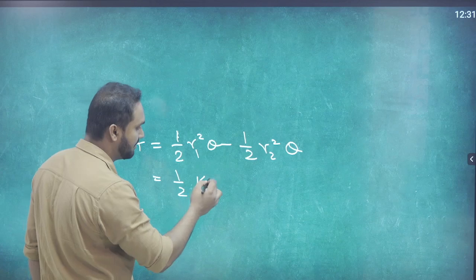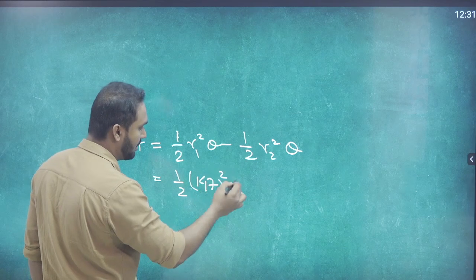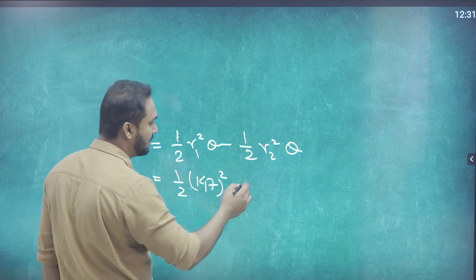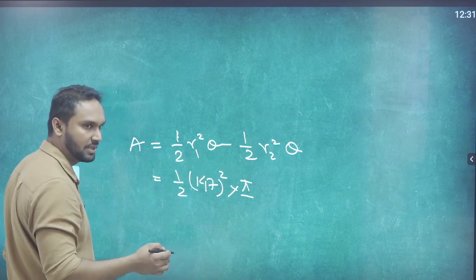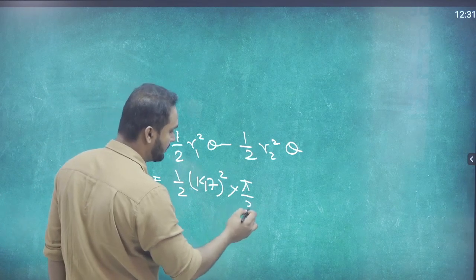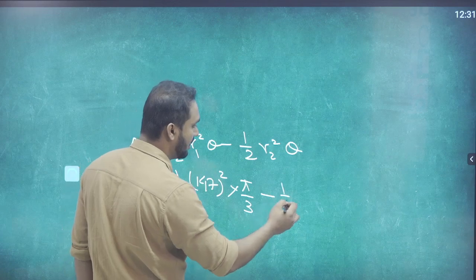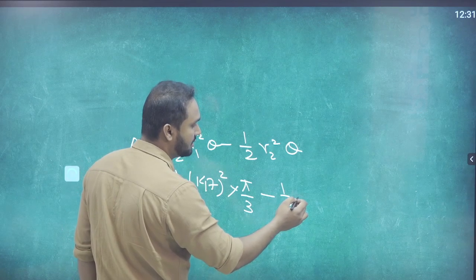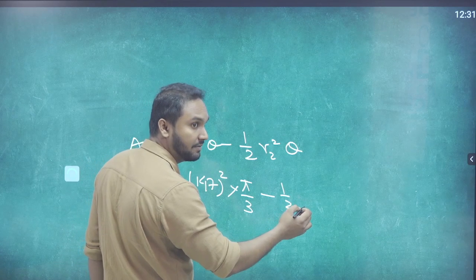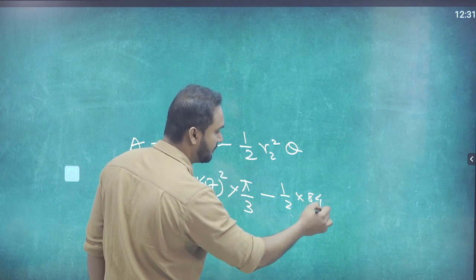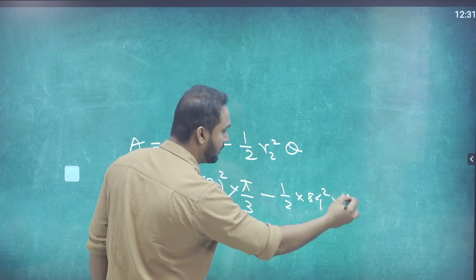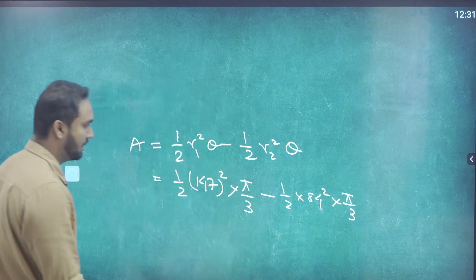So 147 square into theta, which should be in radians, that is 5 over 3, minus half. Now the smaller radius was 84, 84 square into 5 over 3, right?